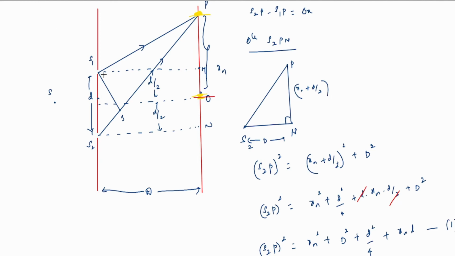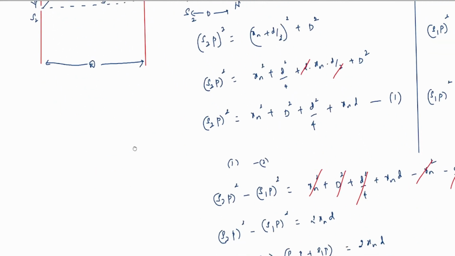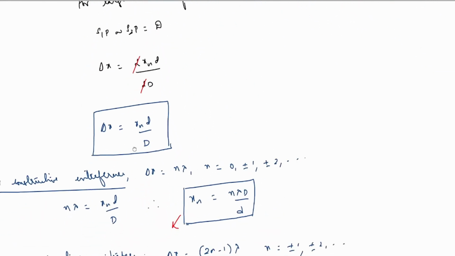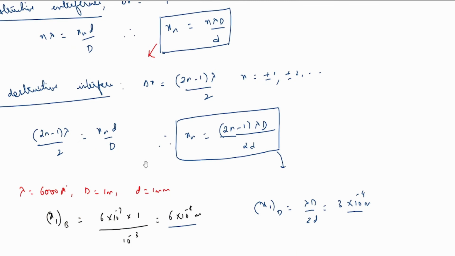Similarly, if we travel a distance of 6 into 10 power minus 4 meter, we get a bright band. So the distance between the centers would be 6 into 10 power minus 4 meter. That's the meaning of these equations. As you see, we get the first dark band and bright band, and then it keeps on going.